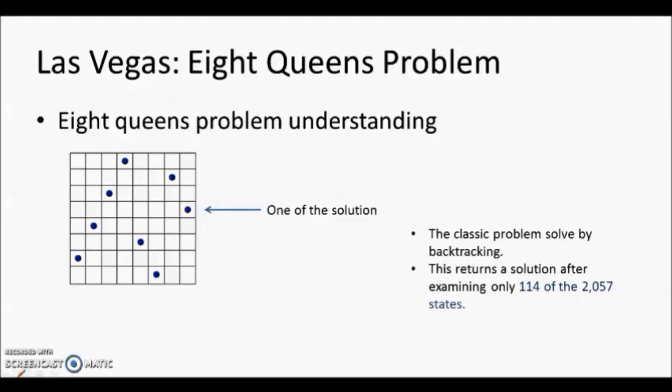If neither row leads to a required arrangement, move the queen in the previous row by one space, and so on. In fact, this returns a solution after examining only 114 of the 2057 states, which is a very good result.